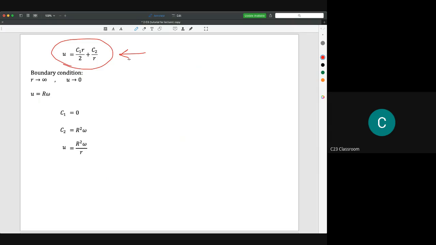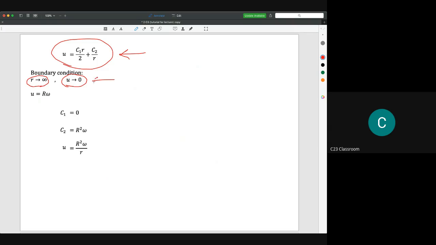Maybe I made a mistake in the first explanation. In the boundary condition, if you see, it gives you r equal to infinity, and the velocity goes to 0.